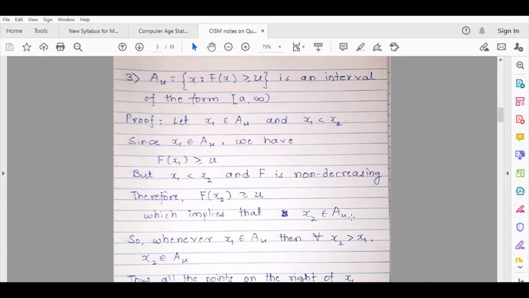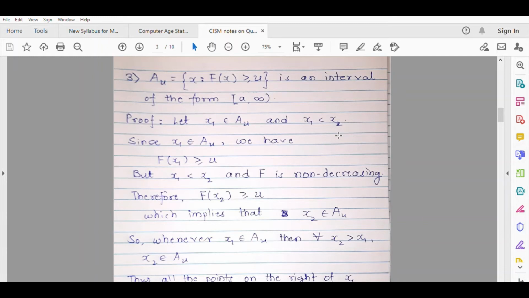Whenever this is the case, it is going to be true. If you take a point from the set A(u) and look on its right side, every point on the right side, that is larger than the point under consideration, will always belong to the same set.